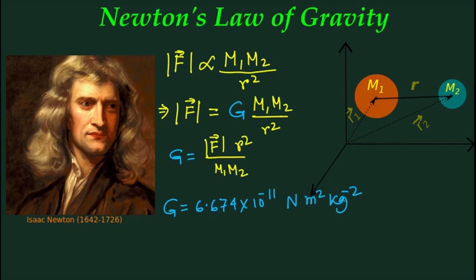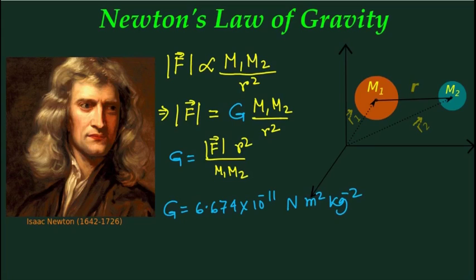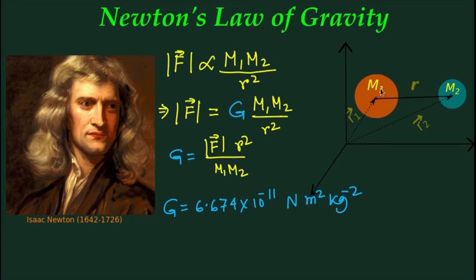Now let's talk about the direction of the force. Gravitational force is an attractive force. That means m1 attracts m2 and m2 also attracts m1. So the force on m1 due to m2 will be in this direction.